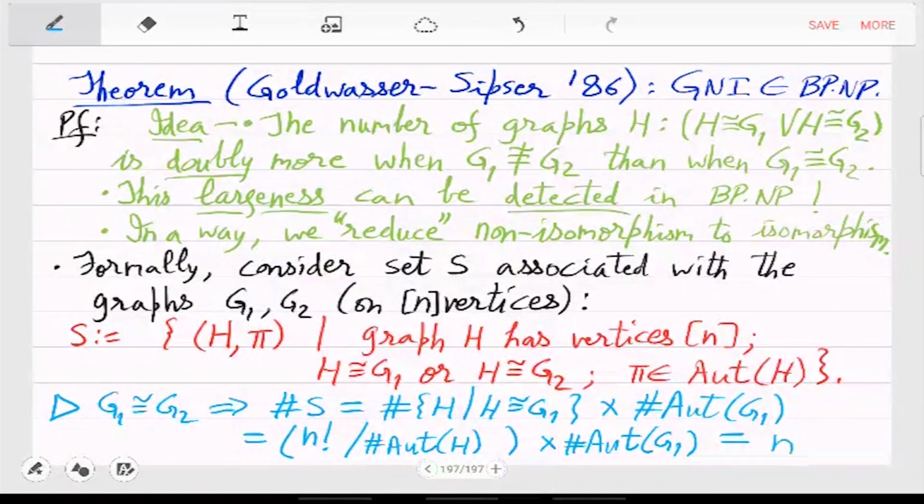So you get n factorial. You can think about this if it's not clear. It's basically a count on how many H are isomorphic to G1. That's what you need to understand. And so the size of S becomes this number that we already know, it's n factorial.